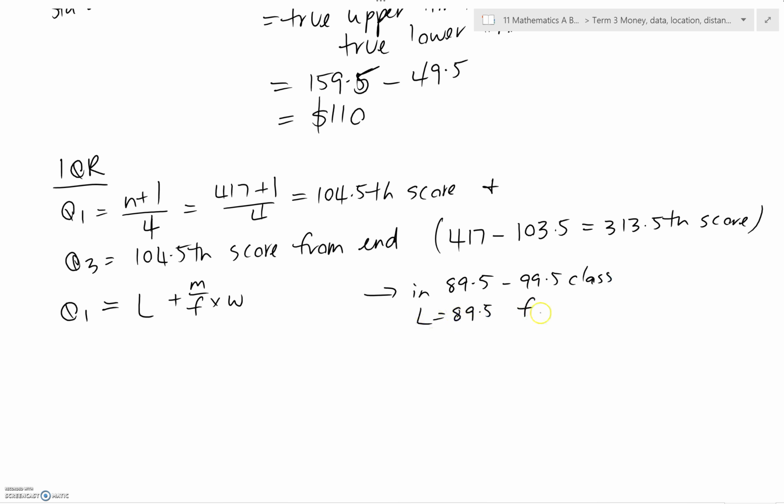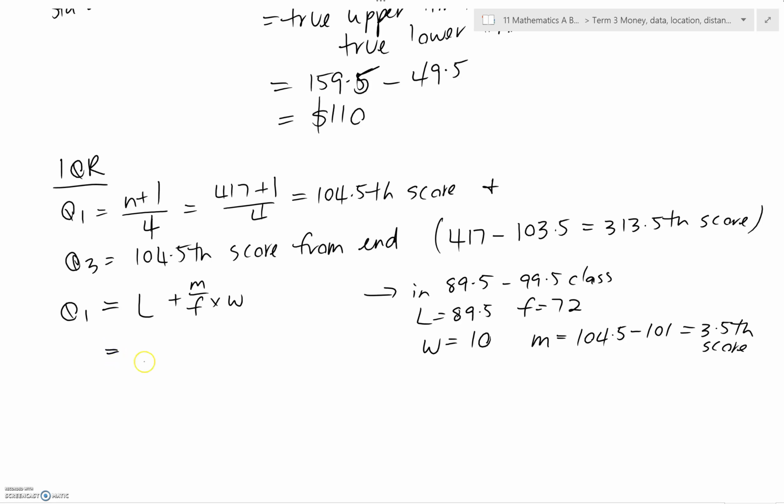We also know our frequency is 72 because there's 72 values in that class. The width of the class, W, is 10. 89.5 to 99.5 is 10 values. And our M tells us where in there it is. So we want the 104.5th score, and there's up to 101 scores before that. So it's a 3.5th score in that section.